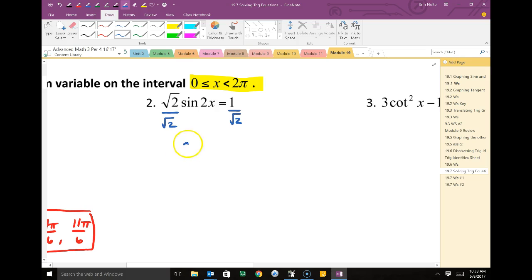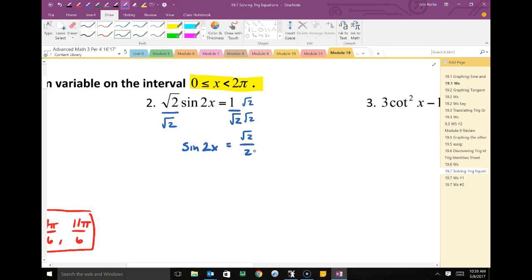Okay, so what I have here is the sine of 2x, and it's going to equal 1 over the square root of 2. And before I write this, I'm going to simplify 1 over the square root of 2 because we don't want to have a square root in the bottom. If you multiply by the square root of 2, you get the square root of 2 over 2, right?